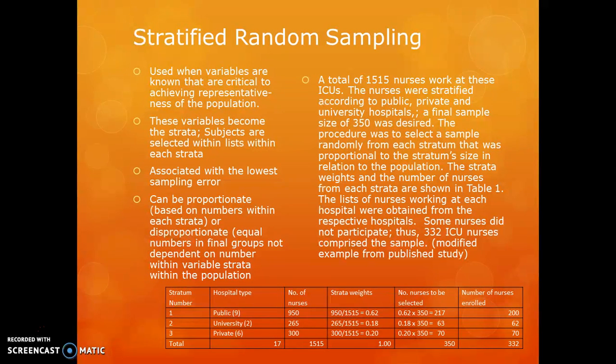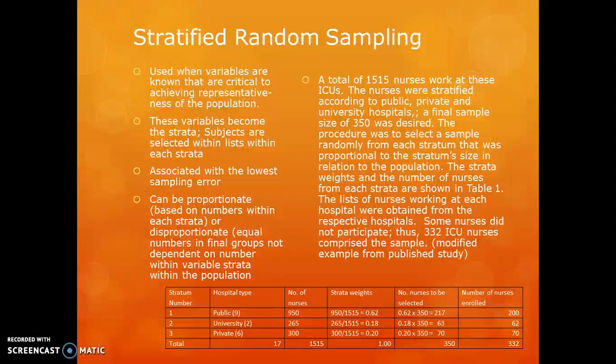Then they divide the number of nurses over the total number of nurses, and they get the representative strata proportion. Then they multiply. They wanted a total of 350 nurses in the sample. So using that strata weight, they multiplied times the desired final sample of 350 in column 5. That's how many nurses they attempted to recruit from within each strata.